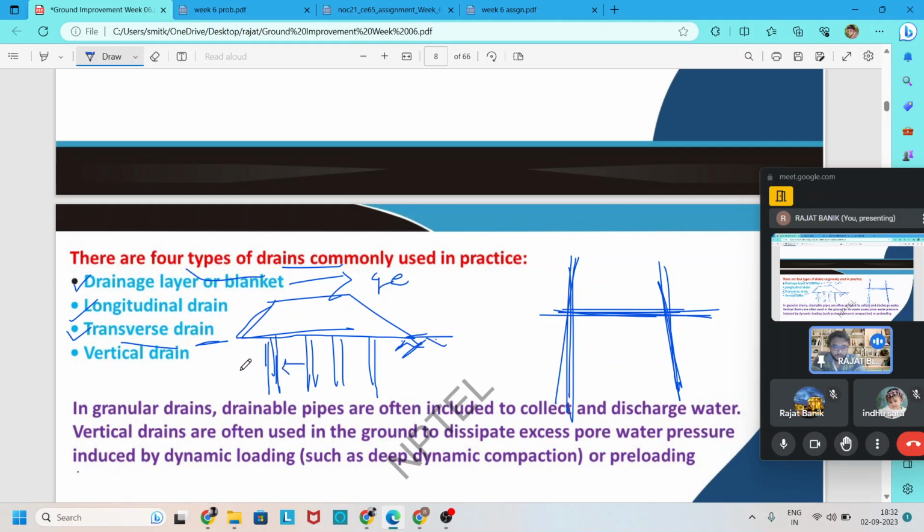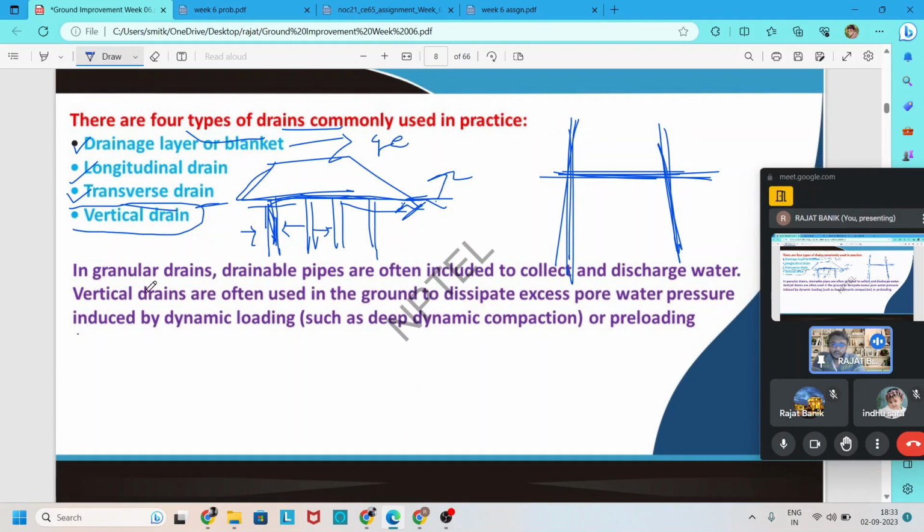Water gets collected from here and here, and by another arrangement, water is removed from this vertical drain and expelled out, and excess pore water pressure is reduced. Due to this, effective stress is increased, the ground settles, and the shear strength of the soil increases. So the vertical drain is used for this reason only.